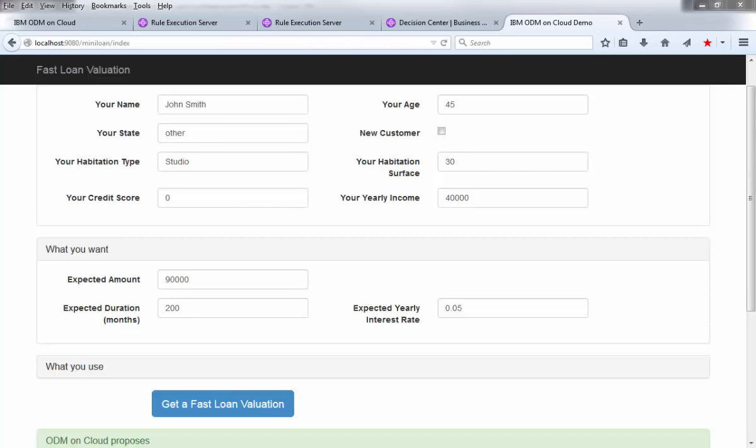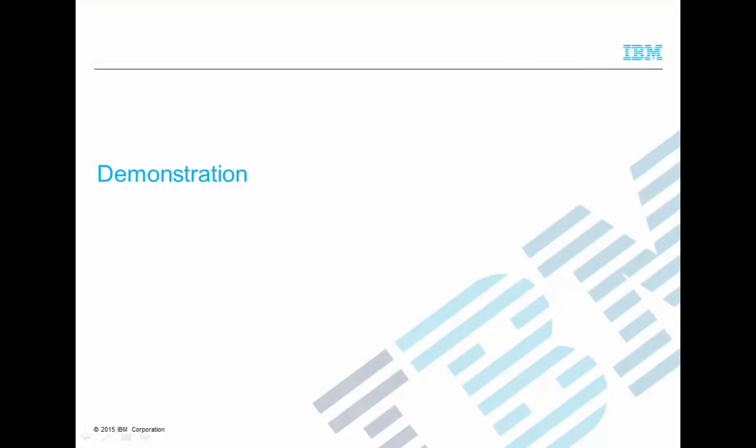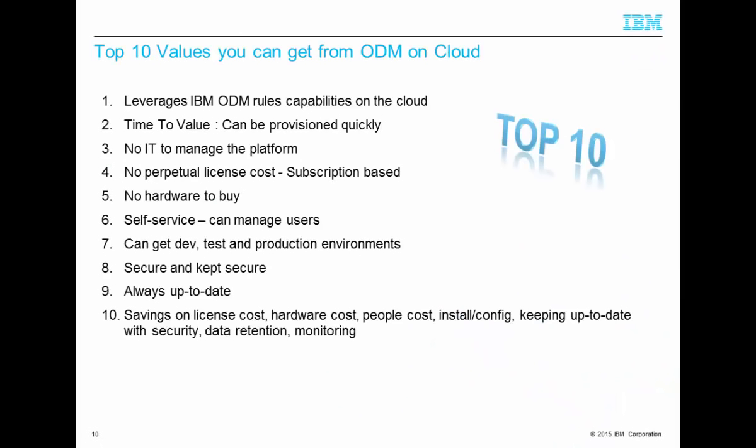So to conclude this presentation, let me give you some takeaways. Here are the top 10 values that you can get from ODM on Cloud. With ODM on Cloud, you benefit from decades of investments and innovation from IBM in the business rules management system domain.